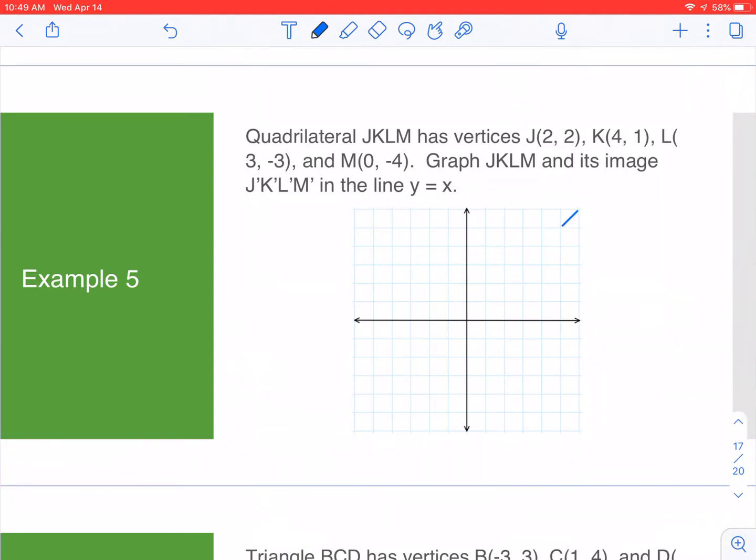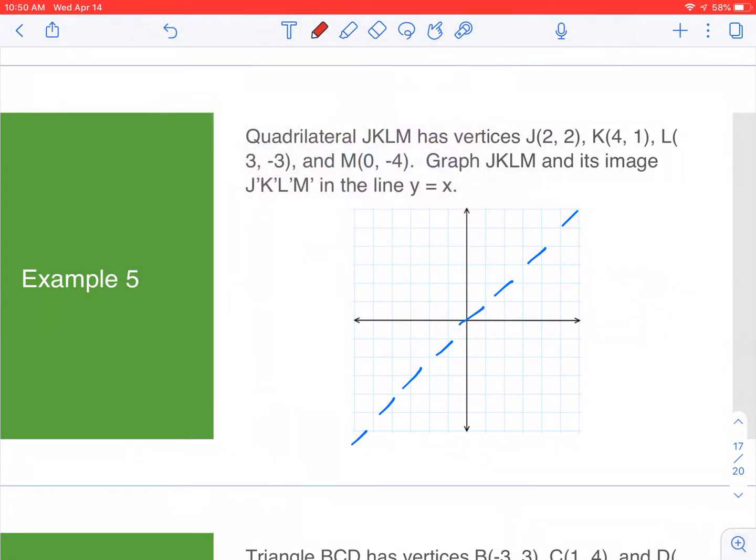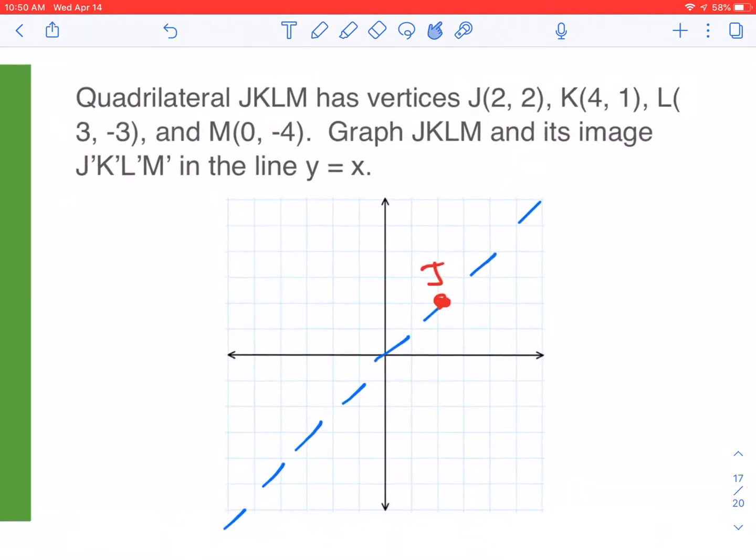Here is my line y equals x. It always goes diagonal like so. Okay, let's graph our first image. So I have J. Zoom in a bit.